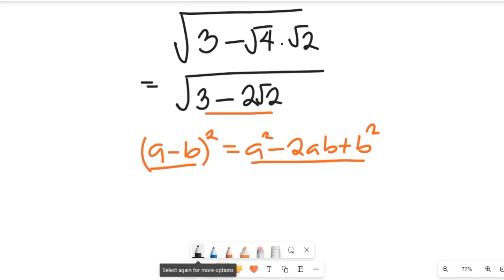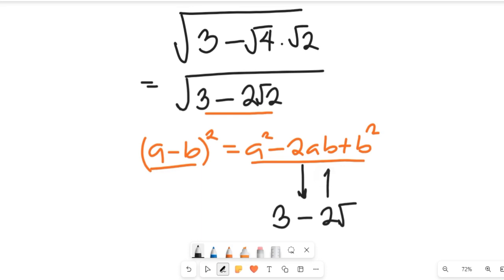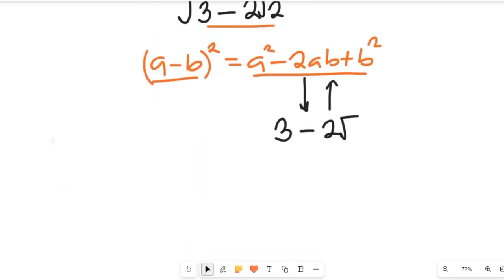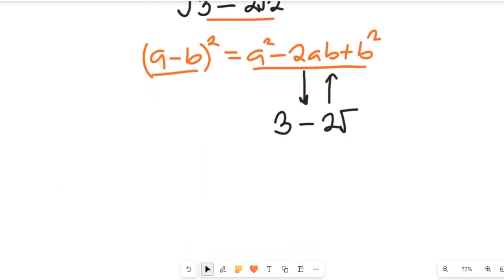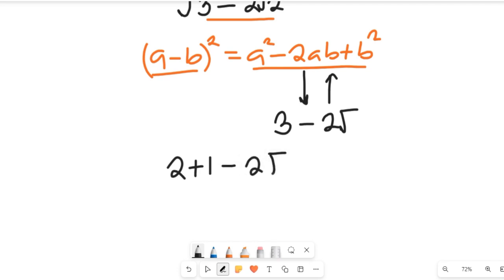So how do we do that? We want to rewrite this 3 minus 2 root 2 to have the same value. Remember that 3 is 2 plus 1, right? So we'll have 2 plus 1 minus 2 root 2.